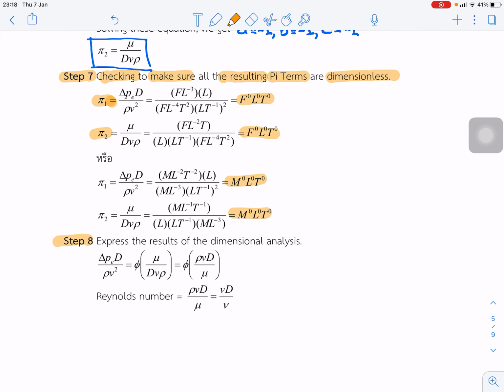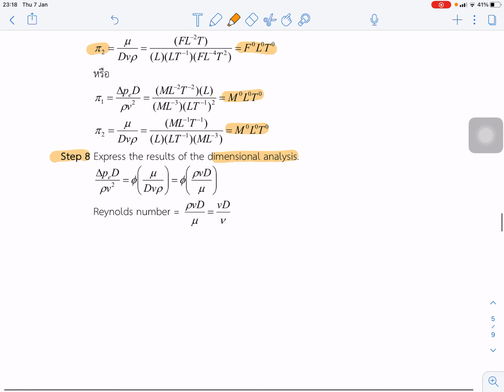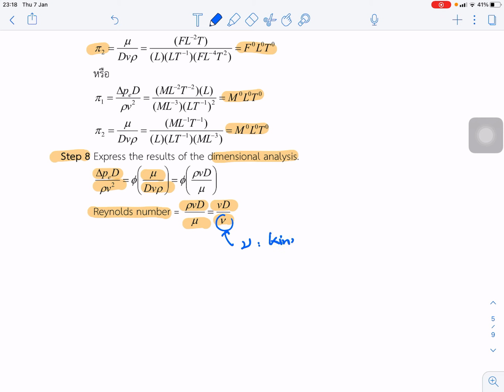The last step is to express the result of the analysis. We can write the first pi term as a function of the second pi term. We can rearrange this equation in terms of the Reynolds number, V D over nu. In this case it looks like the V, but it is just nu, the kinematic viscosity, whose unit is meter squared per second.